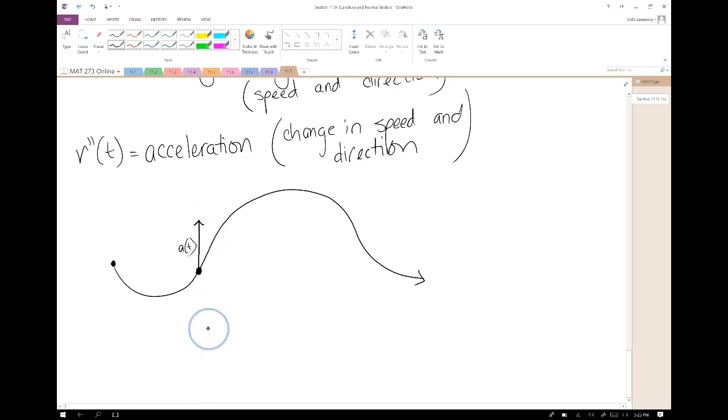That means that acceleration will point up. And we can split this into two pieces. We could split it into a tangent piece, which tells us how our speed is changing, and a normal piece, which tells us how our direction is changing. So this would be our unit tangent vector, and we call this other vector, there's always a 90-degree corner between them, our principal unit normal vector.